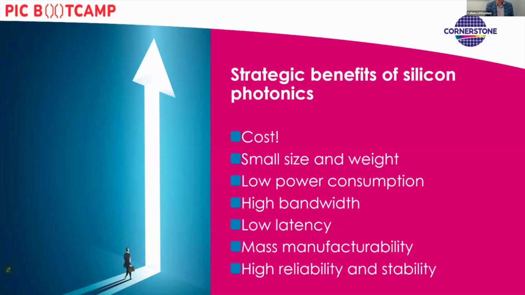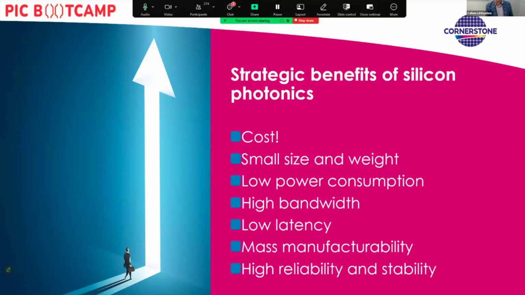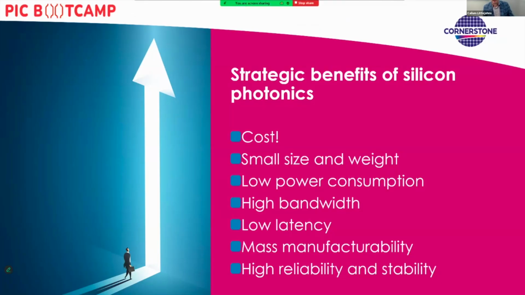we are using the same manufacturing techniques and in many cases the same infrastructure as the electronics ecosystem, we know that we can manufacture these things at huge volumes with high reliability and high stability. And ultimately, at these high volumes, that leads to a very cost-effective price per millimeter square.